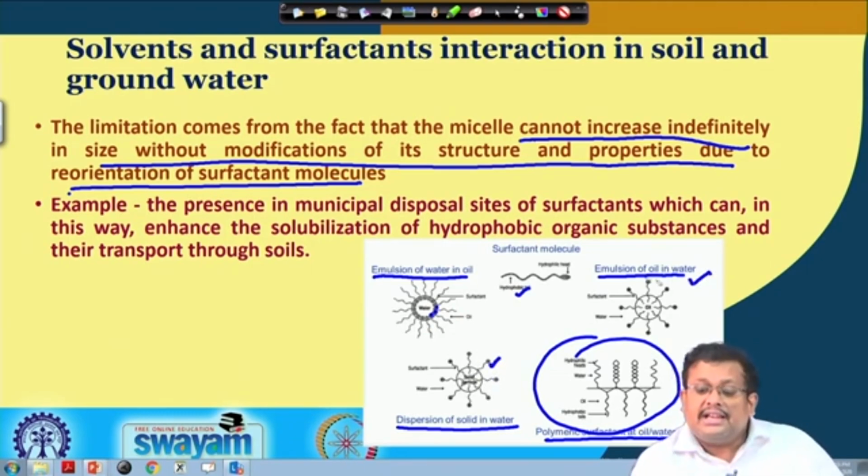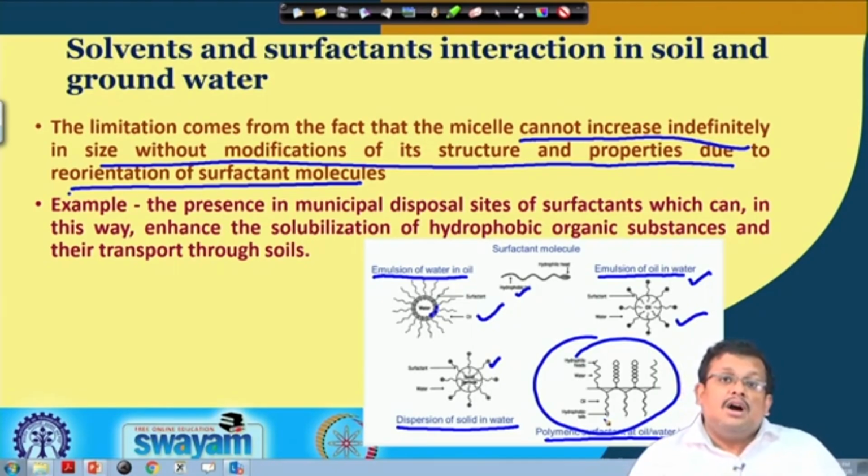An emulsion of oil in water can be maintained by the surfactants, and the presence of these surfactants enhances the solubilization of hydrophobic organic substances. Sometimes they are toxic in nature, and they are transported through the soil.